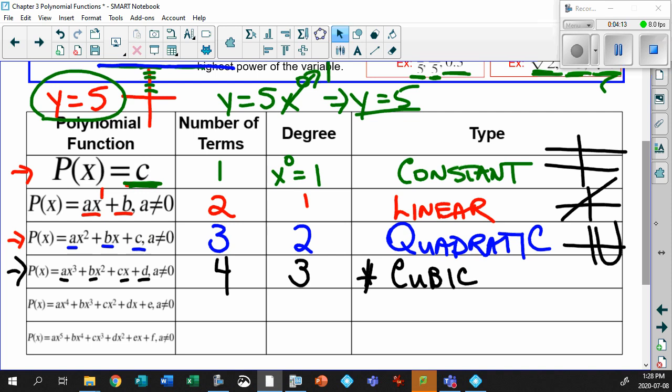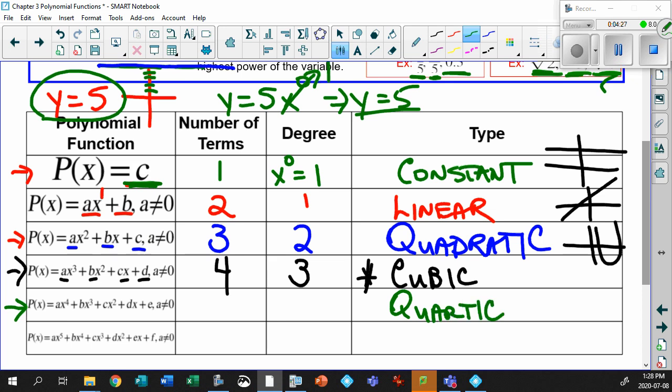Look at the next one. Wow, to the power of 4. That's actually going to be called quartic, but I'm jumping ahead of myself. This is a quartic function. That's what 4 means. How many terms do we have? 1, 2, 3, 4, 5 terms. The degree is 4. The type of function is quartic. Look at the last one that we have here.